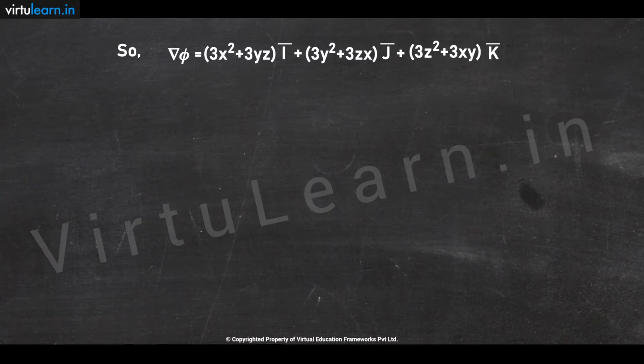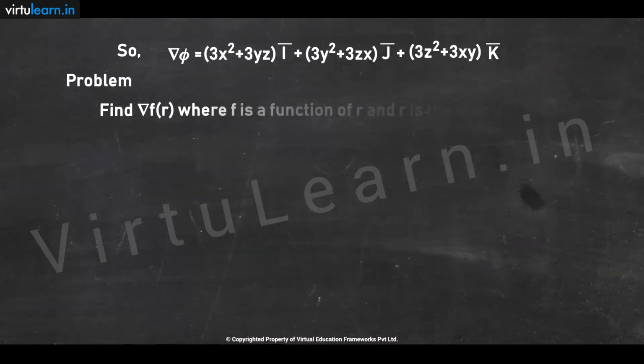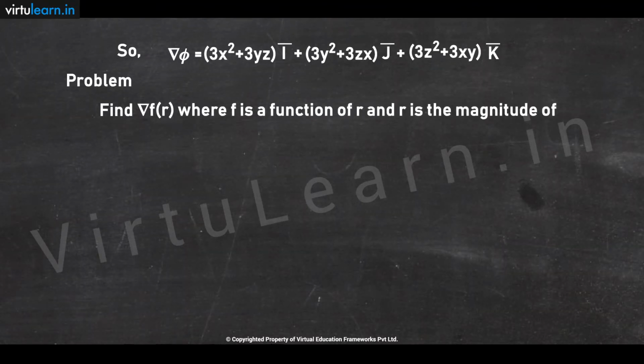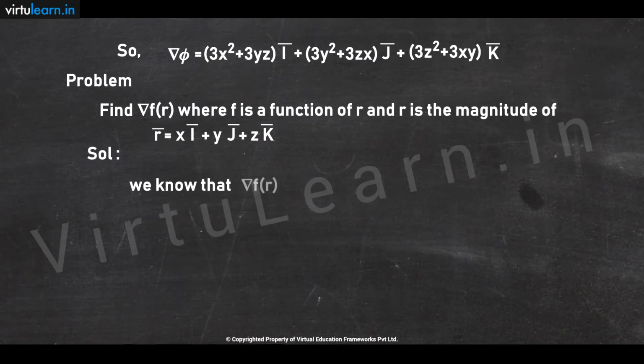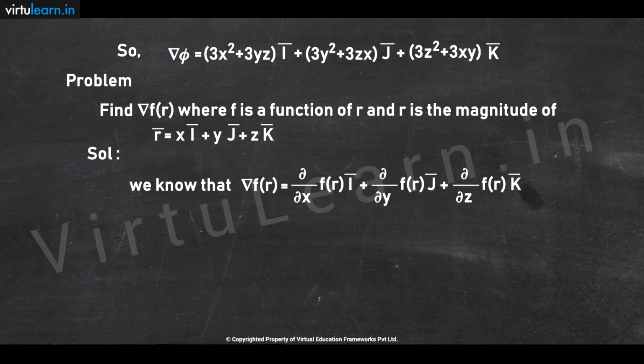Let's discuss another problem. Find gradient of f(r) where f is a function of r and r is the magnitude of the vector r bar is equal to xi bar plus yj bar plus zk bar. We know that gradient of f(r) is equal to dou by dou x of f(r) into i bar plus dou by dou y of f(r) into j bar plus dou by dou z of f(r) into k bar.